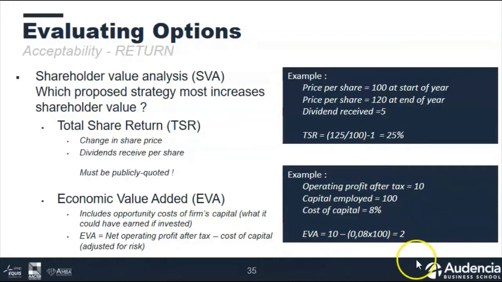So we only really earned 2. Again, this is getting back to the fact that I could have taken that 100 and invested it at 8%. So what I'm making in terms of profit better exceed what I could have made by investing that money. In this case, it does. The profit after tax is greater than what I could have made if I invested my capital elsewhere. So that's considered the opportunity cost of the capital we used.